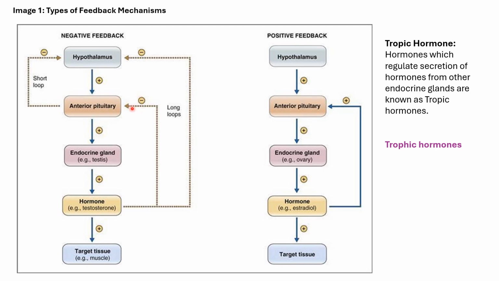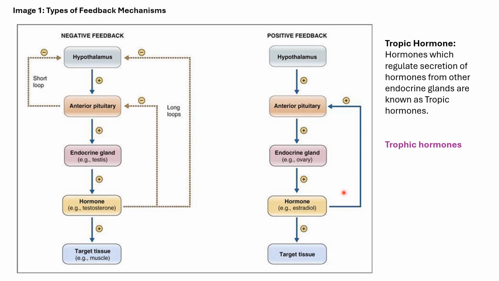Now it is decreasing the secretion of the hormone by the anterior pituitary, which was causing this pathway to go this way. And similarly, it also goes to the hypothalamus, and in the hypothalamus also it has a negative effect on the secretion of the hypothalamus. So this pathway is stopped. This is known as negative feedback.